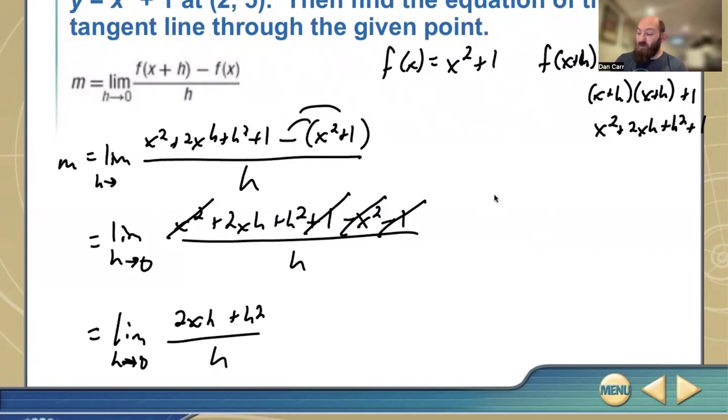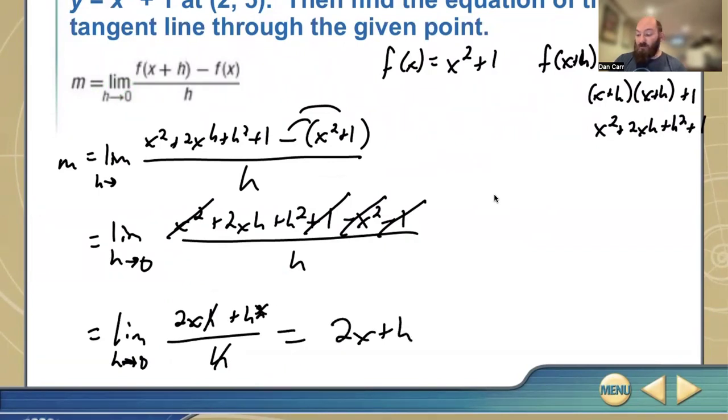We have a common factor of h. Remember before, I said you can't actually plug in 0 algebraically, but what if we reduce this? Taking it down to this level and getting rid of h: h squared over h turns into h, and 2xh over h turns into 2x, so we get 2x plus h.